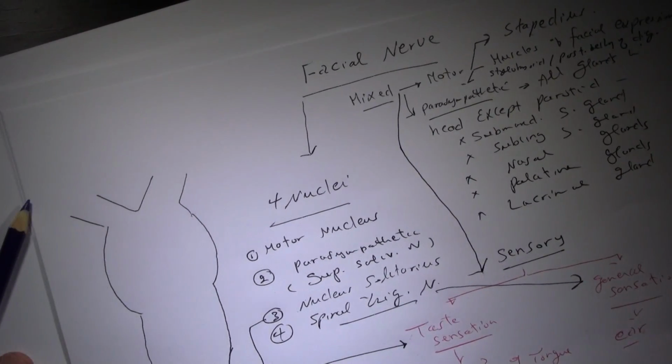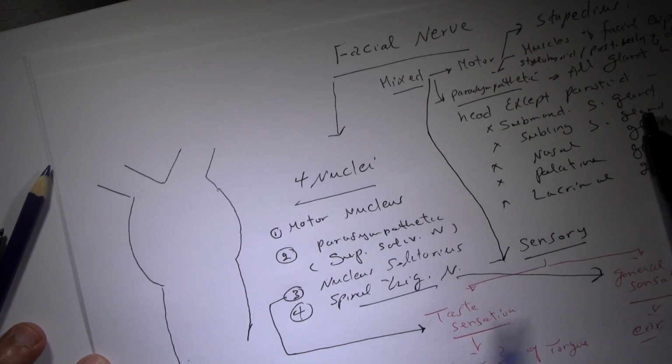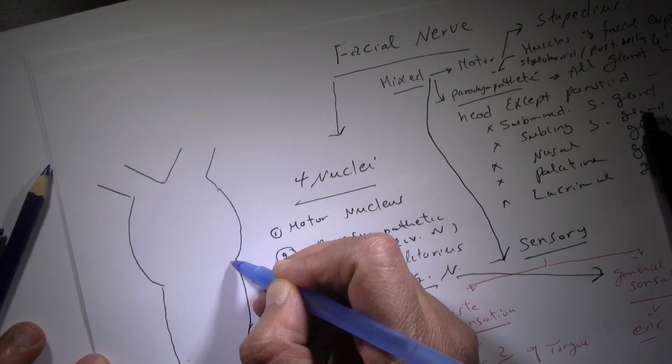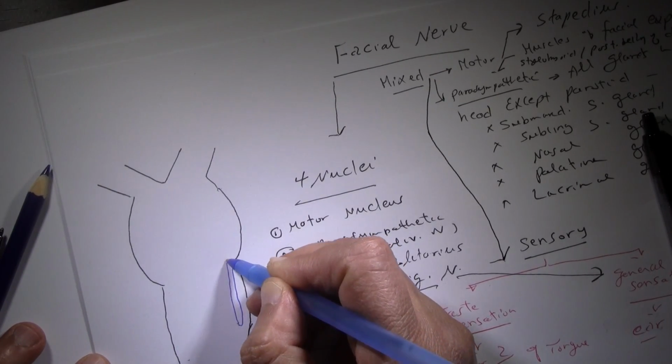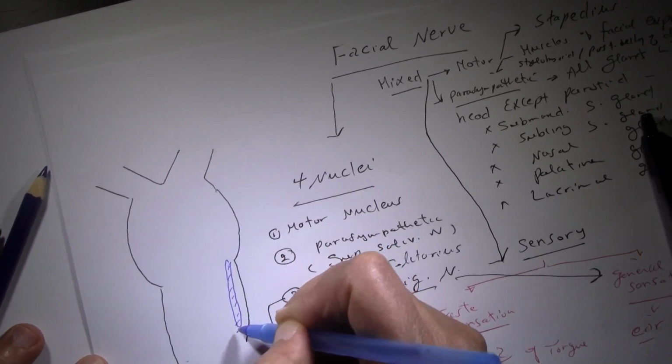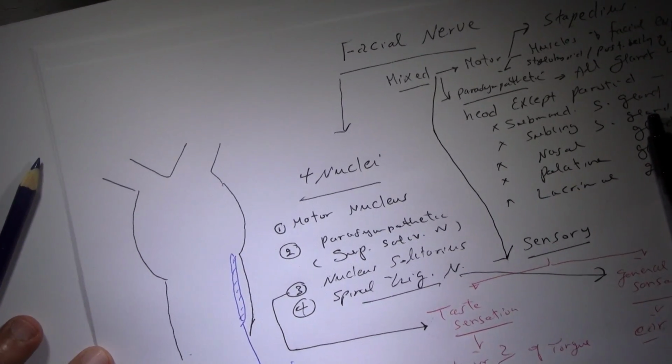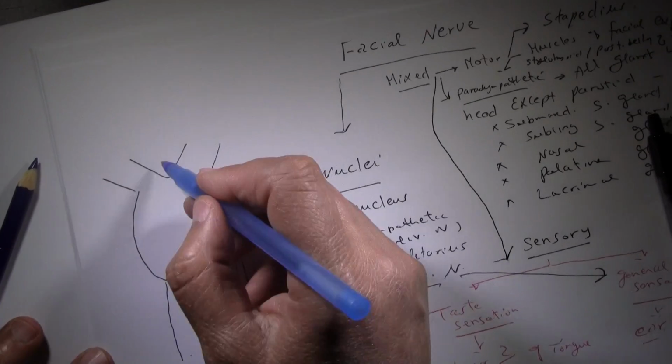If you go inside the brainstem, you will see that in the lateral side we have the spinal trigeminal nucleus, which is a huge nucleus located in the lateral part of the medulla.